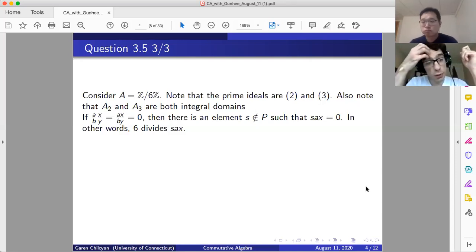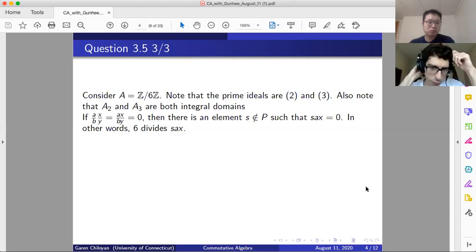If I have two fractions, A over B and X over Y, that multiply to 0, then there's an element S that's not in the prime P such that S times A times X is 0. So S times A times X is an element of the ring Z mod 6Z. S times A times X is 0 if 6 divides S times A times X. So let's break it into cases.